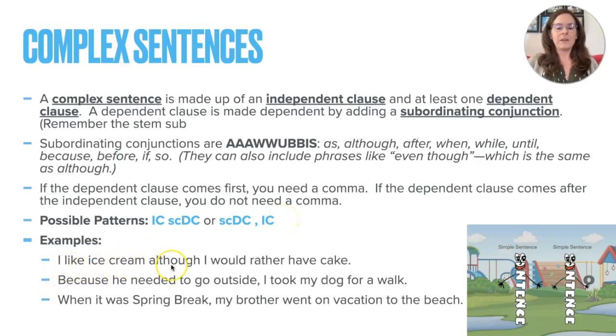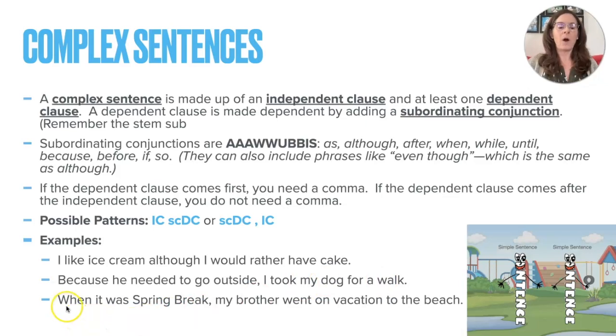Here's some examples. I like ice cream although I would rather have cake. There's your independent clause. There's your subordinating conjunction, which makes this a dependent clause. No need for a comma. This sentence starts with the dependent clause. Because he needed to go outside, there's your dependent clause because it starts with a subordinating conjunction, comma, and then an independent clause.